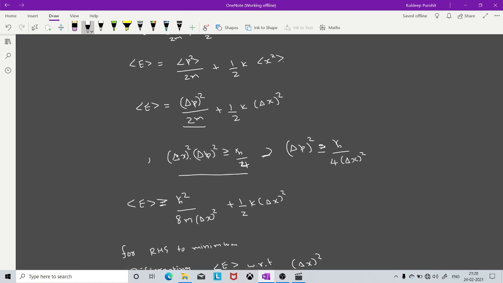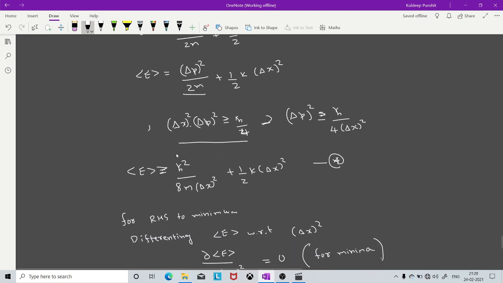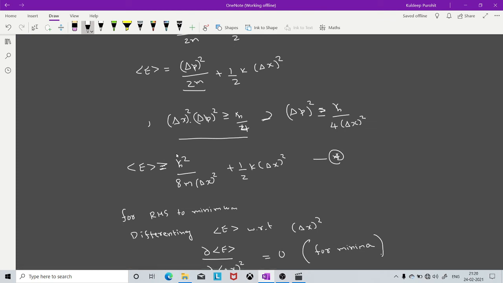You can substitute this value of delta x minima in this equation. So how will this equation be written for E minima? E minimum is equal to h cross square by 8m into delta x square minimum plus half into k into delta x square minimum.